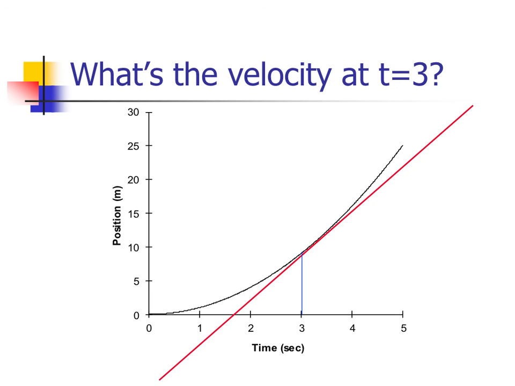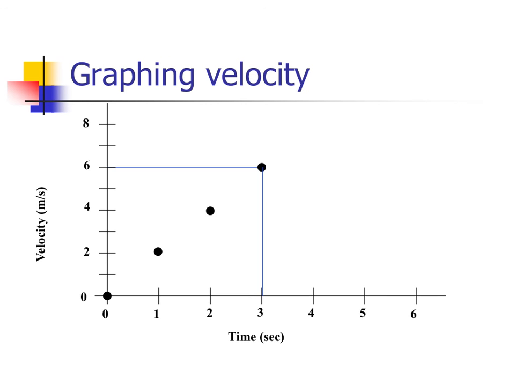And then at 3 seconds, guessing somewhere around 8. No, it was wrong. 6. Now, if it's direct, I guess I should know better. It looks like it's going up by 2.